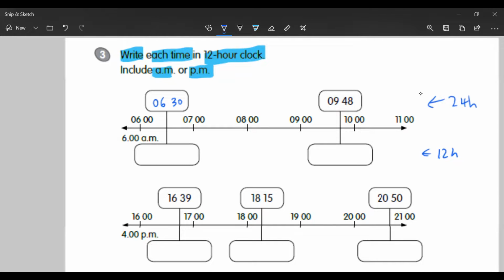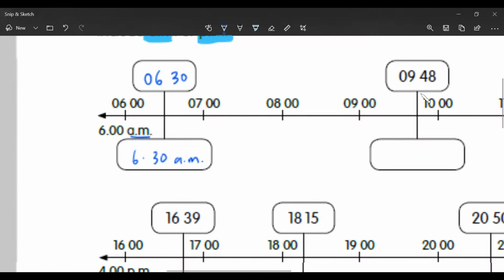So for 12-hour clock, you must have AM and PM in your answer. In this case, you can see all these values for this first question are before noon. So it should be 6:30 a.m. You look at how I'm writing the units, very clear.